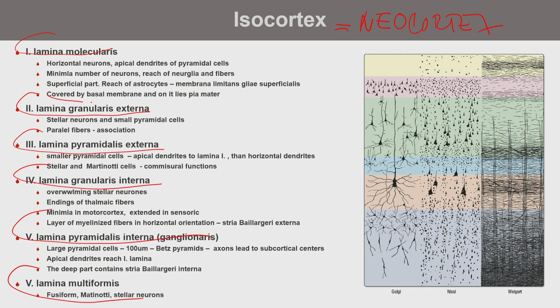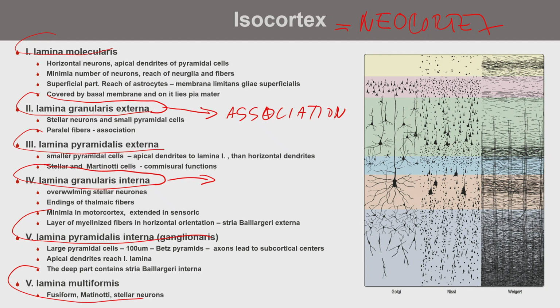Second and fourth layer, they have granular cells, and they have more association. So associational functions.